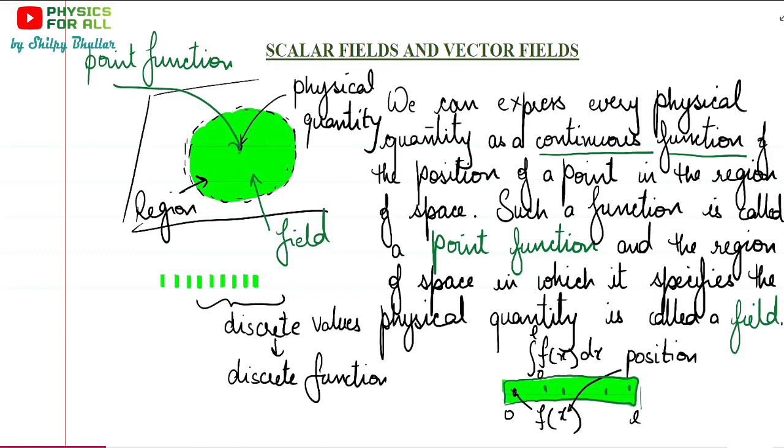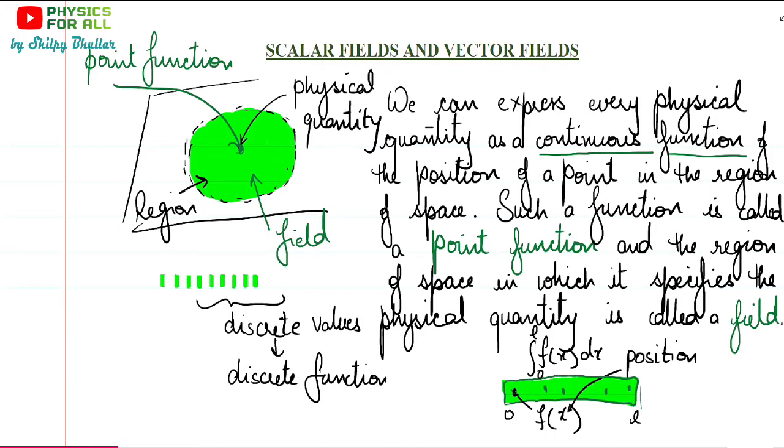If we are talking about temperature as the point function, then around this particular distance or in this specific region, we will be experiencing the same physical quantity, that is temperature, and its value will be the same. So this whole region is called the field of this point function.